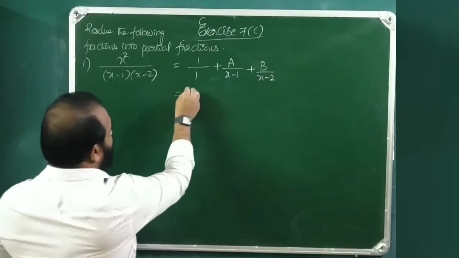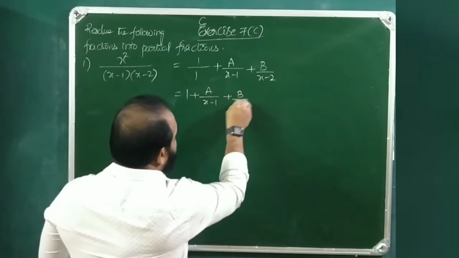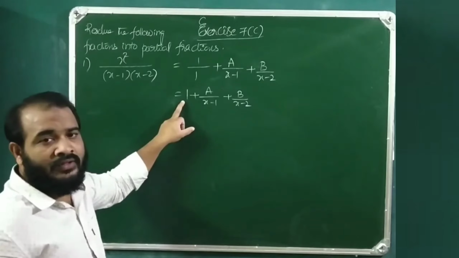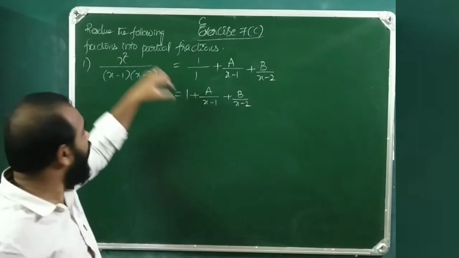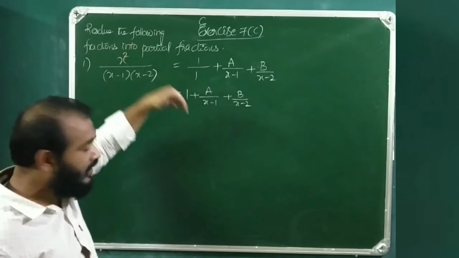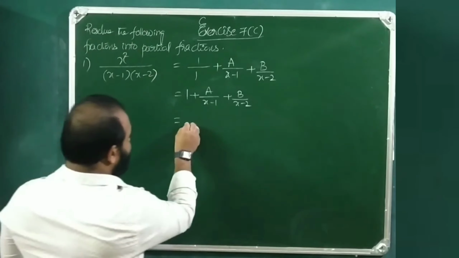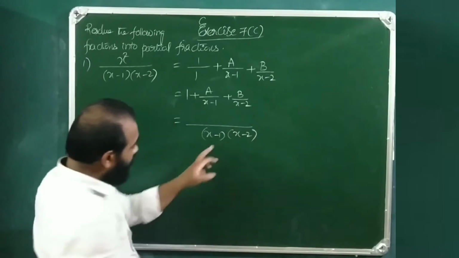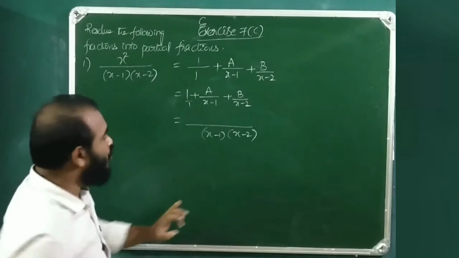So this is equal to 1 plus A by (x minus 1) plus B by (x minus 2), where this 1 we got by taking the coefficient of the highest degree term in f(x) by the coefficient of the highest degree term in the denominator. So this is equal to, LCM here is (x minus 1) into (x minus 2), by 1 is (x minus 1) into (x minus 2) only.